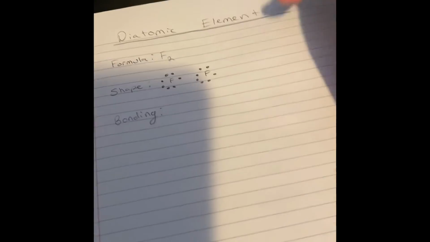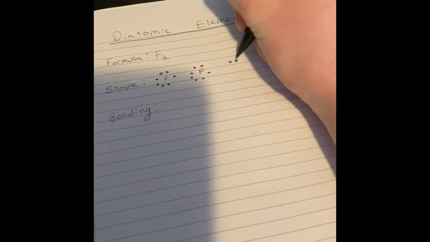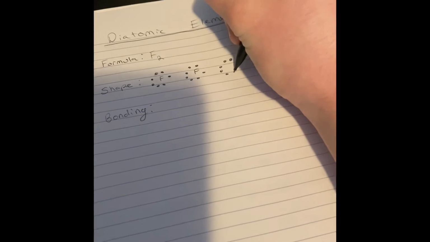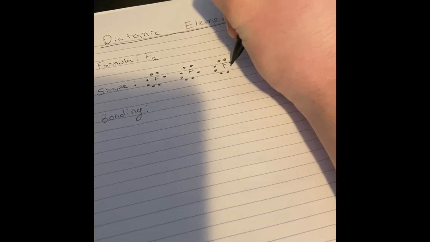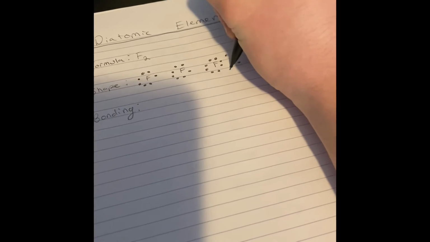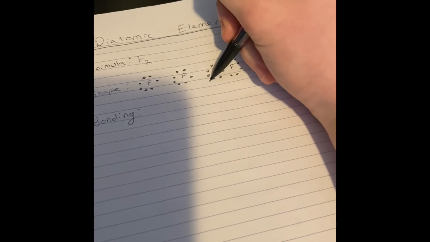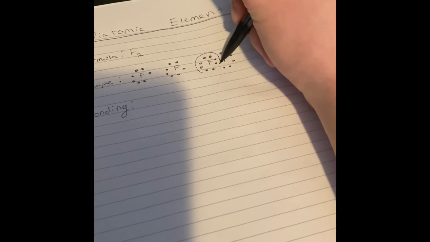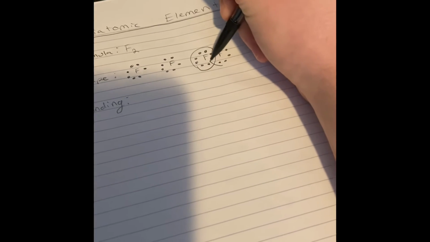So I'll draw the final shape. And as you can see, the outer layers for each atom are completely filled when they share.